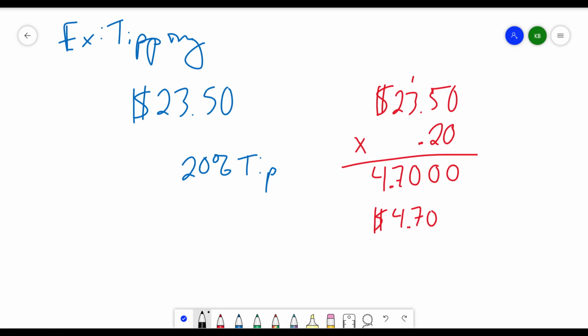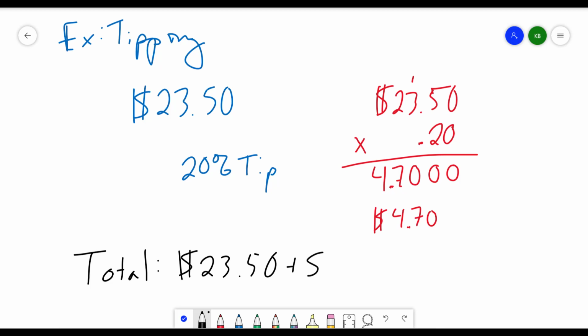All right. Now, the tip amount is $4.70, but I don't just pay $4.70, right? I need to pay the amount of the bill, the $23.50, plus my tip amount, so the $4.70. And when I pay that total, I'm going to be paying a total of $28.20.